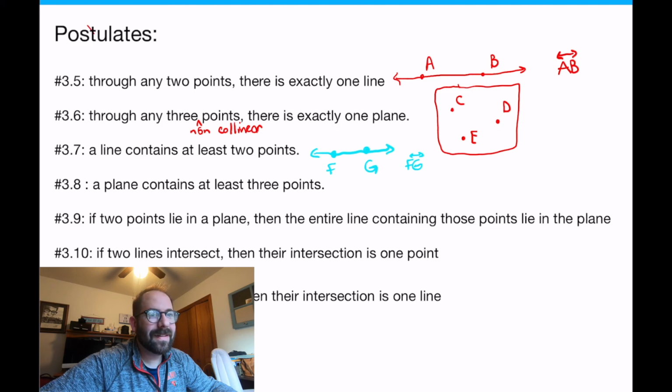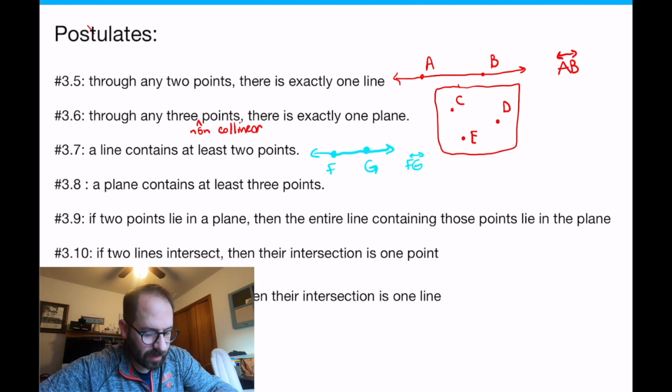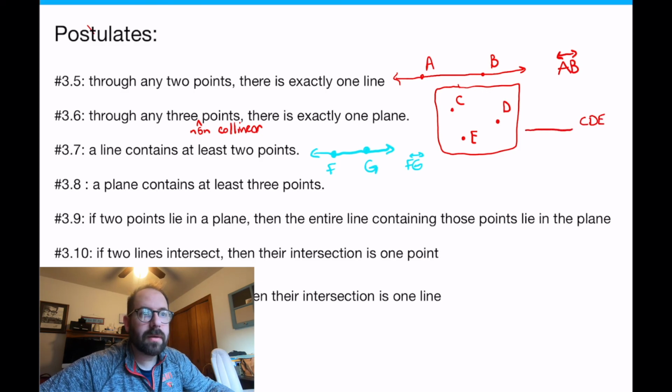Good. You said choose at least 3 points. Okay, yeah. Choose 3 points, and what do we have to put in front of those 3 points? What do we put right here to write a plane?